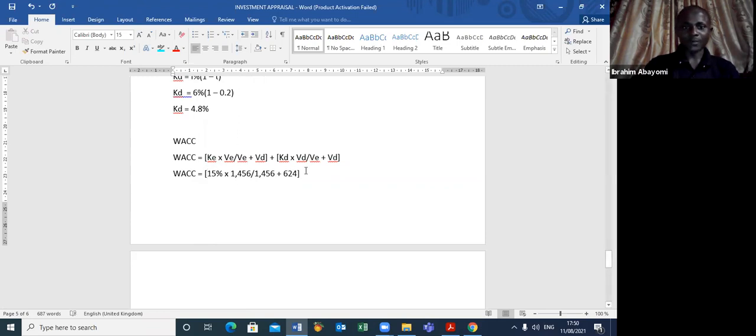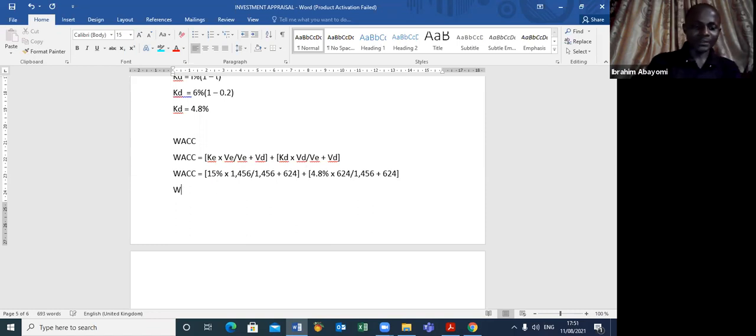The second part will now be plus open bracket cost of debt, which is 4.8%, times market value of debt, 624, all over 1456 plus 624, close brackets.